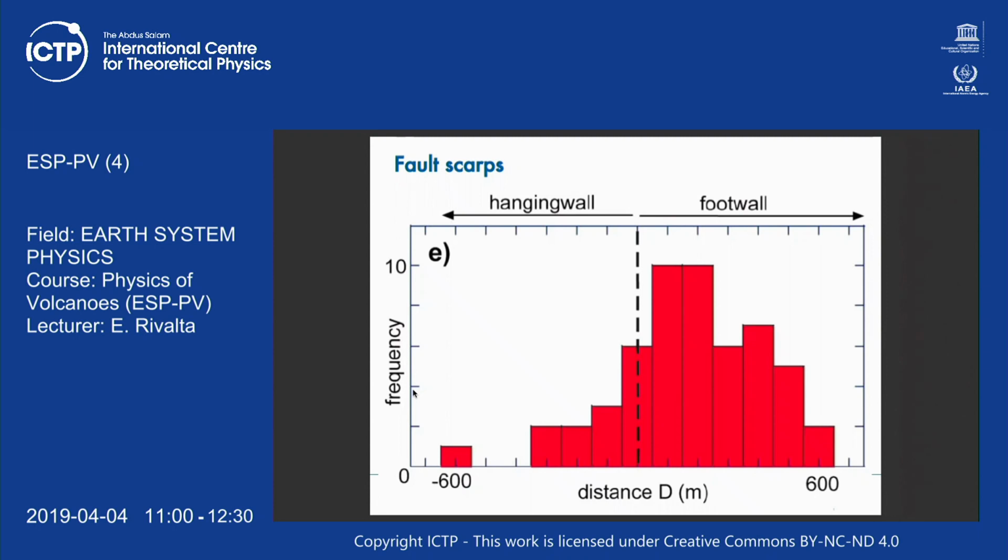So this is just the proportion of cones that are on the footwall, so basically on the highest point, and very few are on the hanging wall in the lowest point, because these are all normal faults.